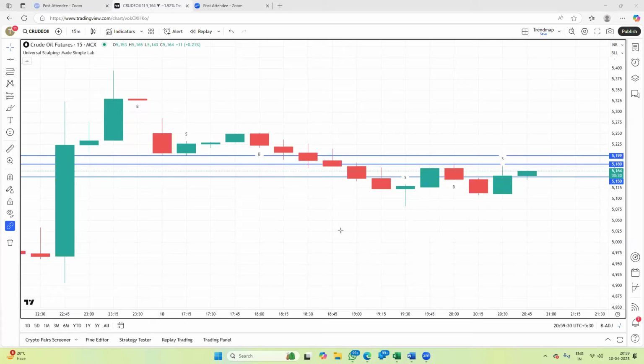Now, what is the logic? The logic is that, see, if a buy signal appears here and you are in a sell position where you already exited 50%, now on a break of this high you will enter a buy position, right? That means what is the point of holding the sell? You have to exit the sell position to enter the buy.